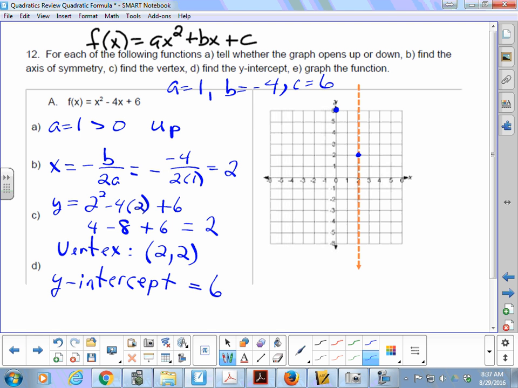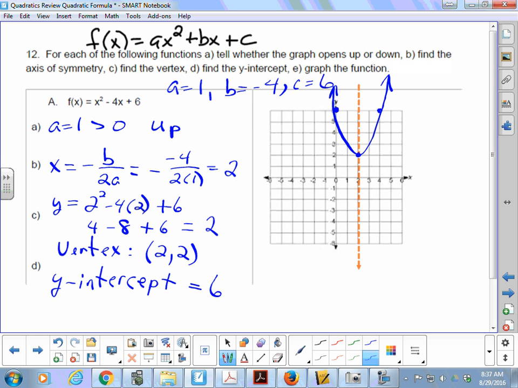We've got to go over: since we're 2 away from the y-intercept to the axis of symmetry, we're going to go 2 the other way because it cuts the graph in half. So the graph is there then. All right, so there's all those important features that we need for graphing a parabola.